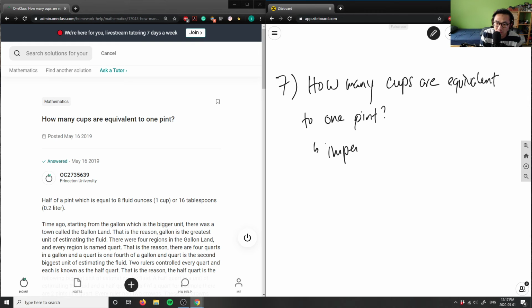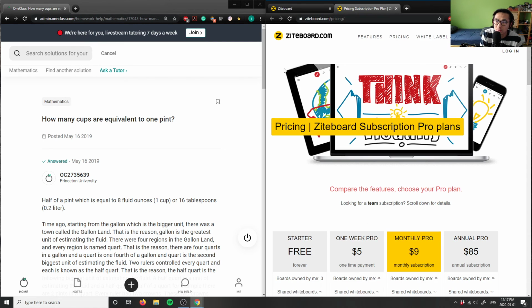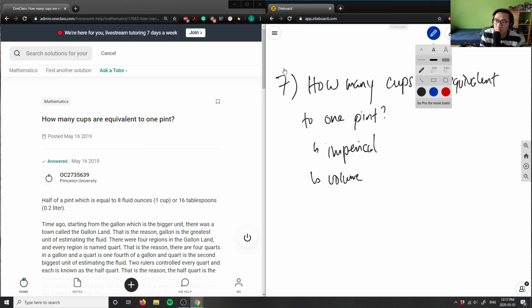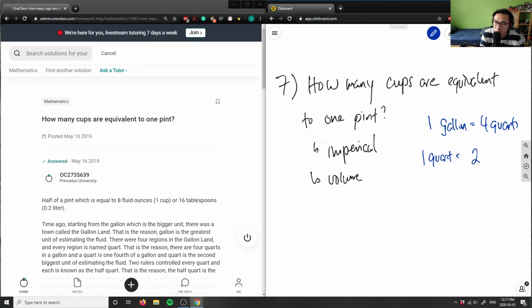It's in the imperial system, and we're measuring volume. My conversion rates are: 1 gallon is 4 quarts, 1 quart is 2 pints, and 1 pint is 2 cups, right?